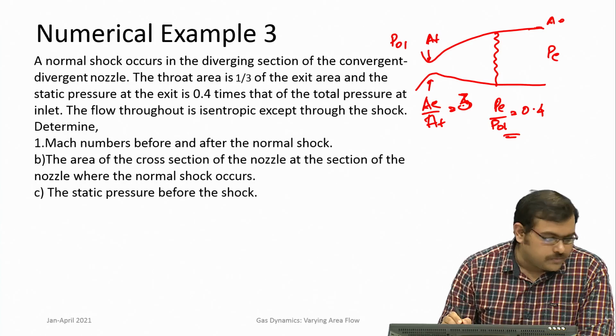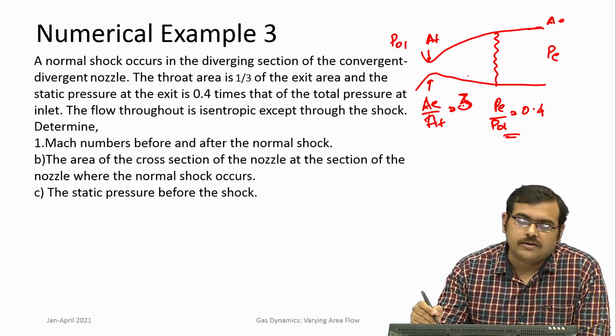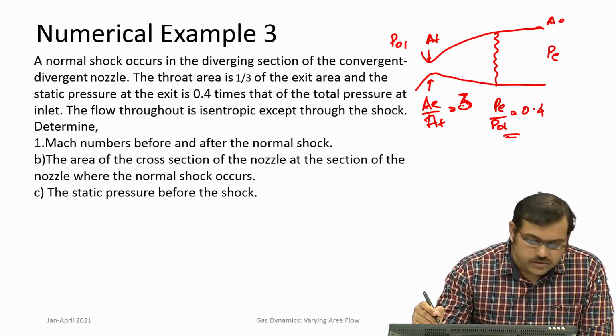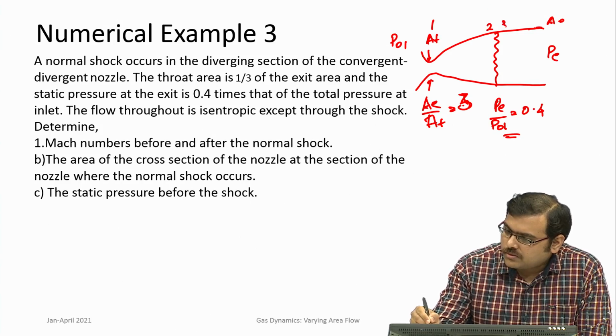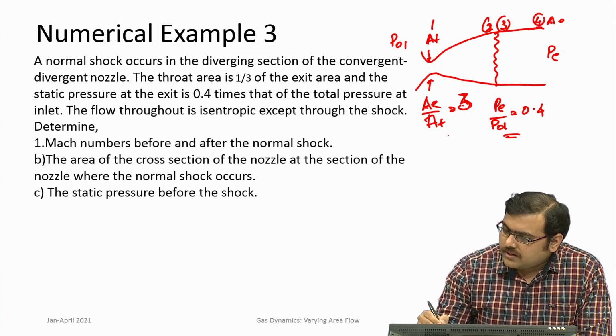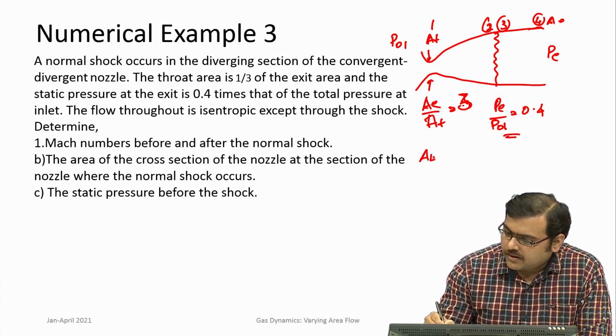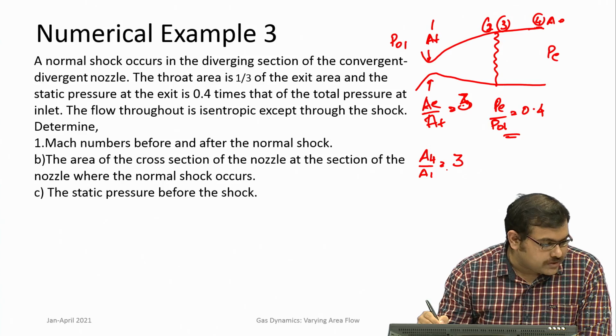So, this uses concepts of shock in divergent passage. What we know is, if I name these as station number 1, 2, 3, 4, then we are given A4 by A1 is 3.